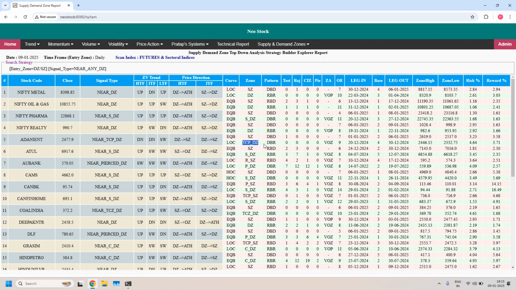First one is Adani Enterprises. Next, Atul. Next, CAMS. Next, Canara Bank. Next one is pierced, we don't use. Next one is Grasim.